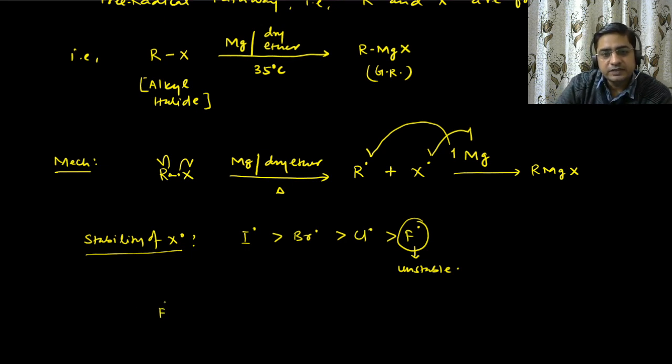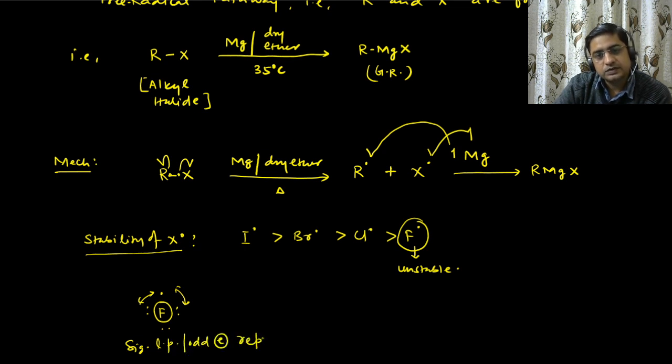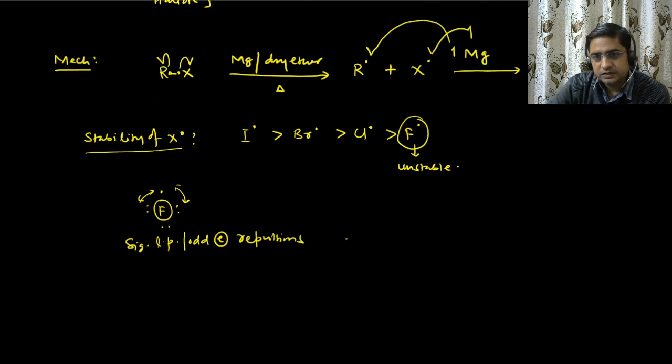Fluorine has a very small size and it has significant lone pair and odd electron repulsions. While in case of iodine or bromine, the size being bigger, this repulsion is low.